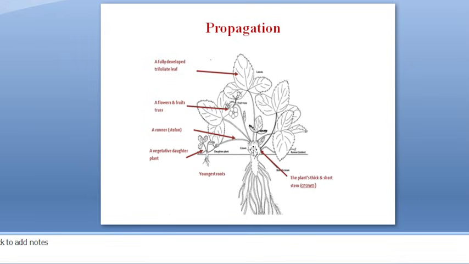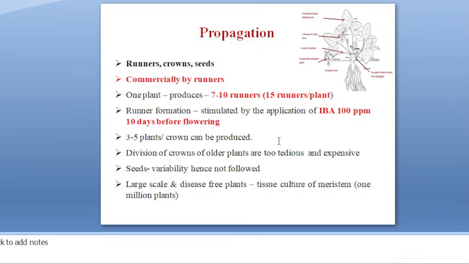So this is a root system, with short stature. Next are the propagation aspects. Normally, strawberry is propagated through different methods. We can use different vegetative parts of the plant. We can use crowns, runners, and seeds also.